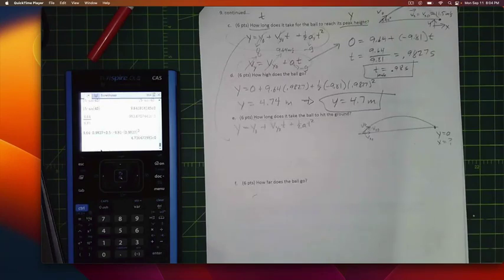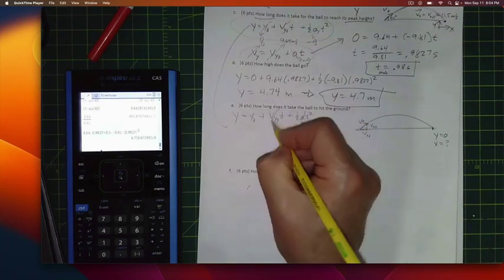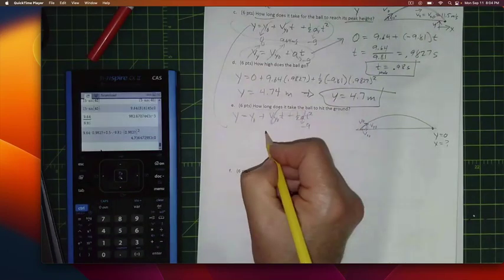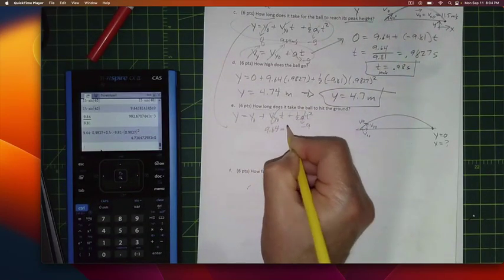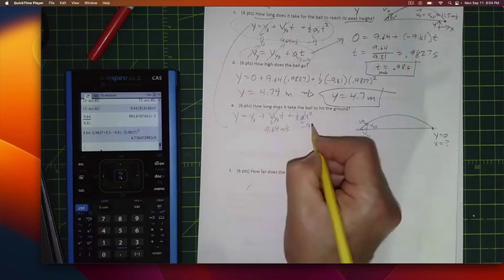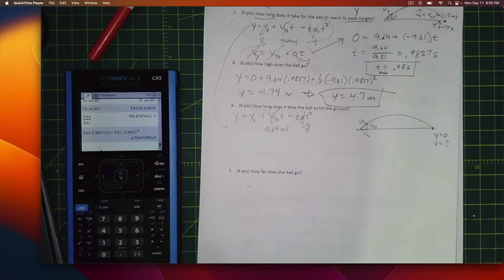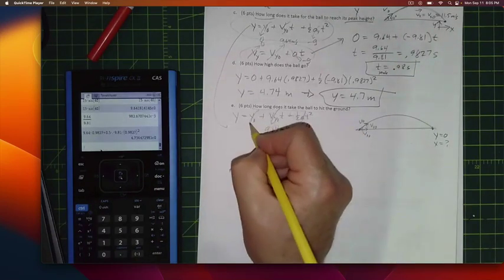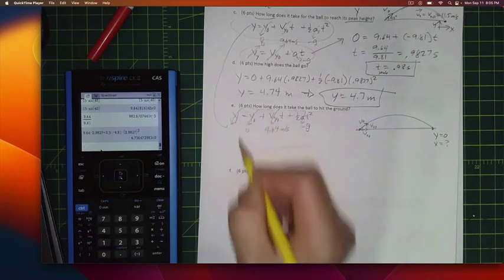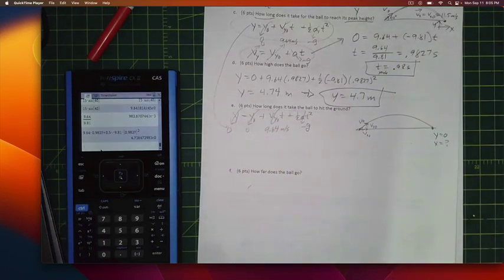In this case, a is still negative g, and vy naught is still what we had before, 9.64. Y naught is starting at ground level, so y naught is 0, and then y itself is also 0 because it's hitting the ground over here.